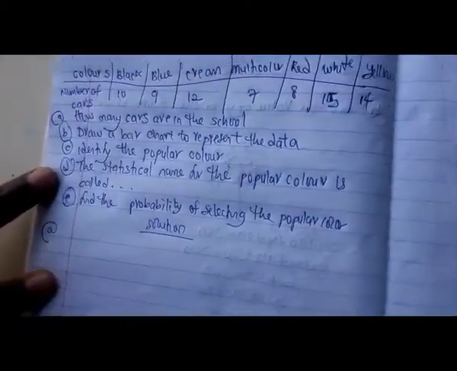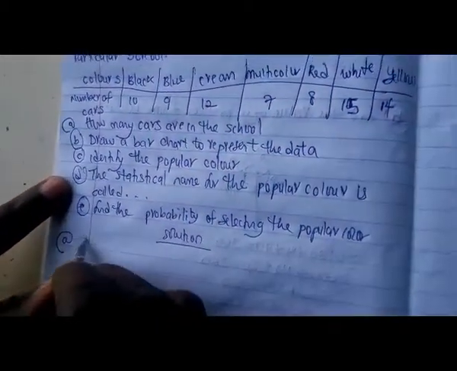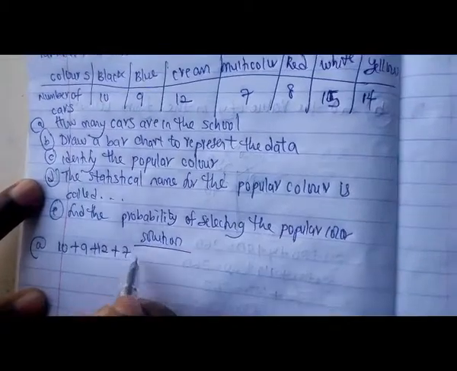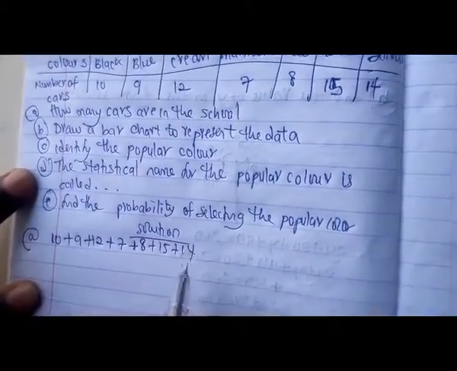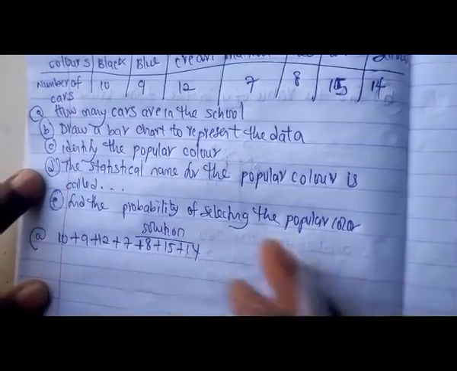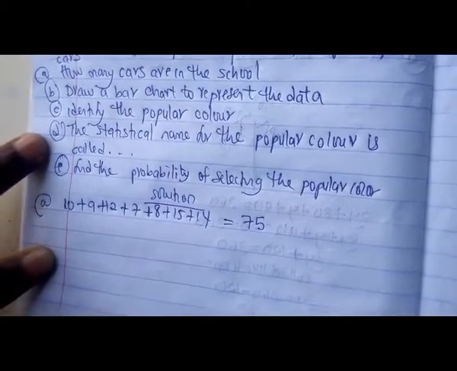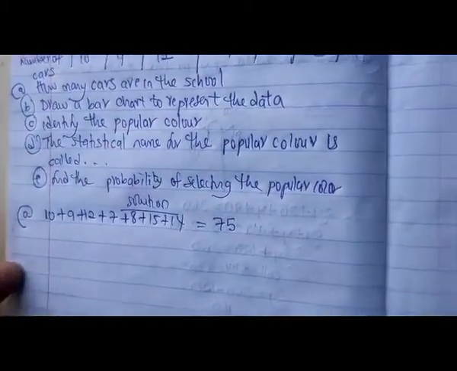To know the total cars in the school, we have to add all these numbers together. It becomes 10 plus 9 plus 12 plus 7 plus 8 plus 15 plus 14. Once you add all these numbers together, you get 75. So the total number of cars in the school is 75.